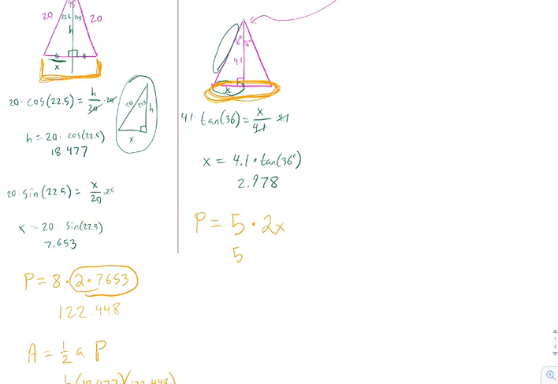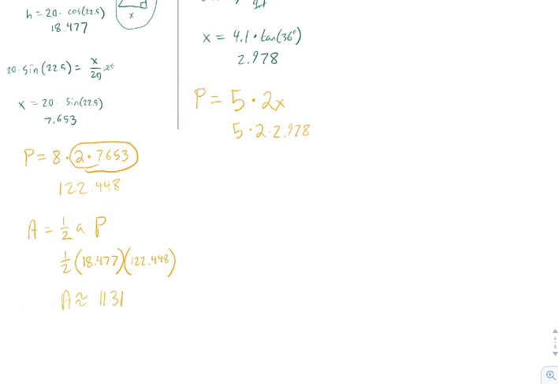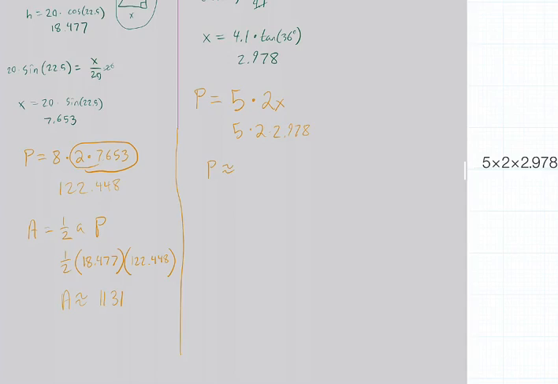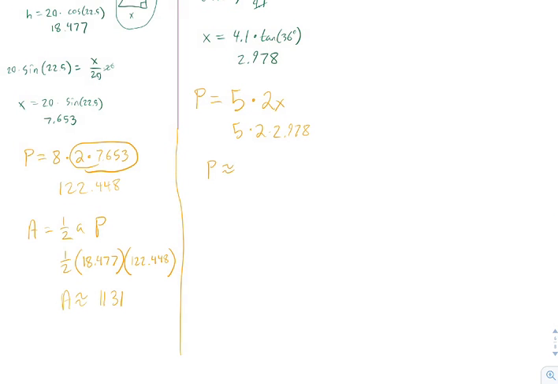So that's 5 times 2 times 2.978. That is 29.78. Oh yeah, because 5 times 2 is 10. So 29.78. So that's one answer.